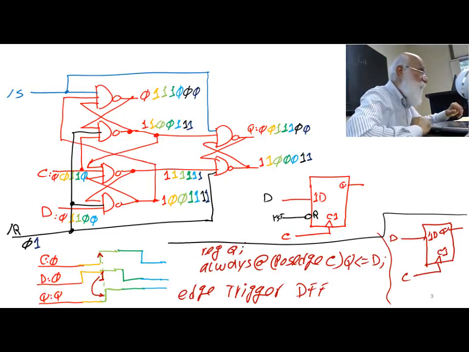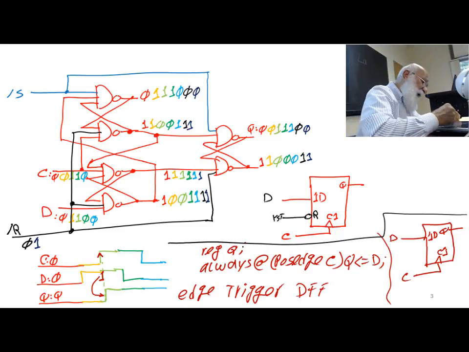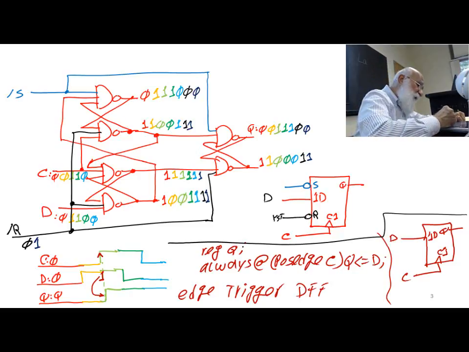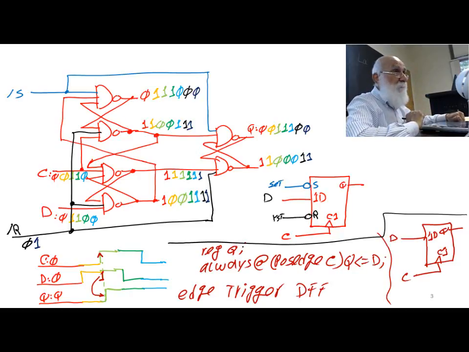I'm not going to go through the changing and proving it, but just take my word for it that this is an active low set, and this is how the notation looks. Okay, so this is reset, this is set.